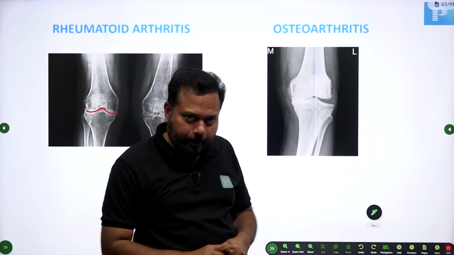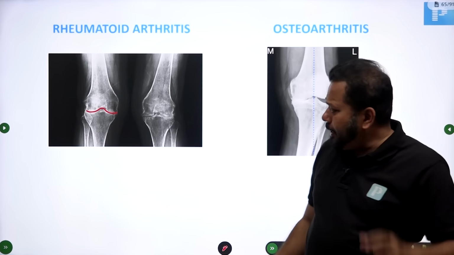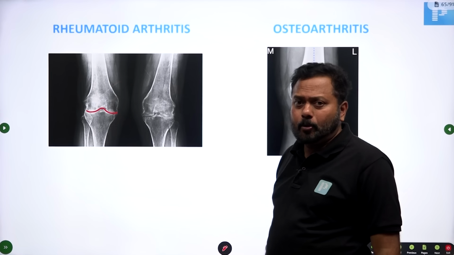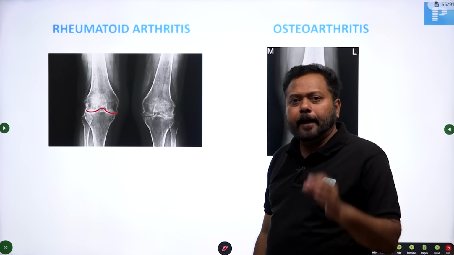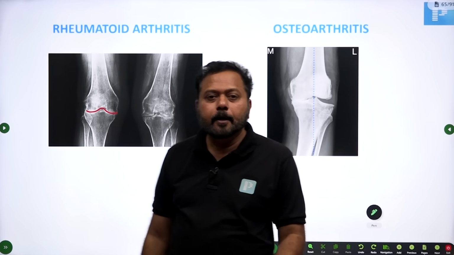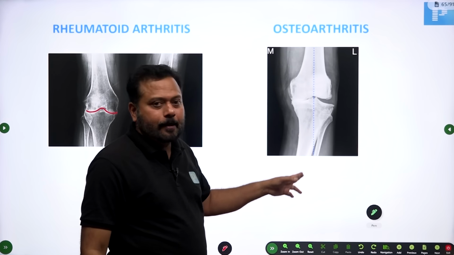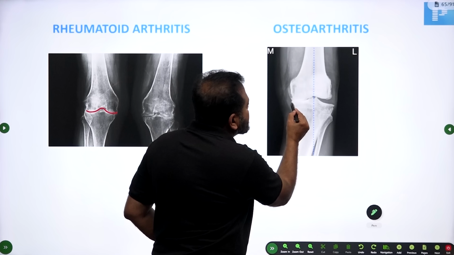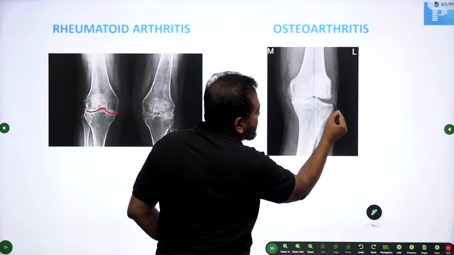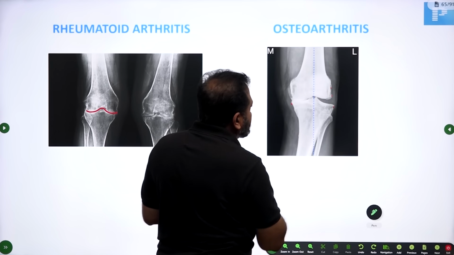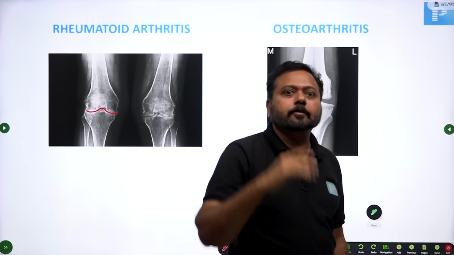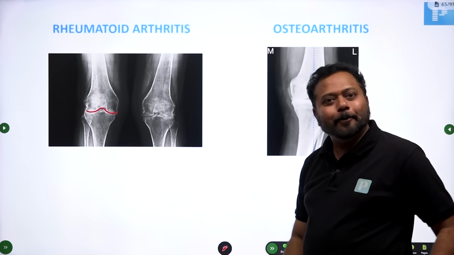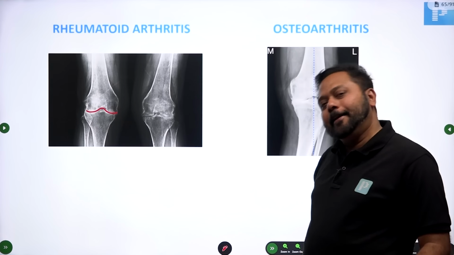In an X-ray, if you are seeing symmetrical joint space narrowing and mild osteoporosis, the diagnosis is rheumatoid arthritis. If you are seeing asymmetrical joint space narrowing, and at the corners some osteophytes, hook-like things, the diagnosis is osteoarthritis. Very simple. We will move on to the next question.